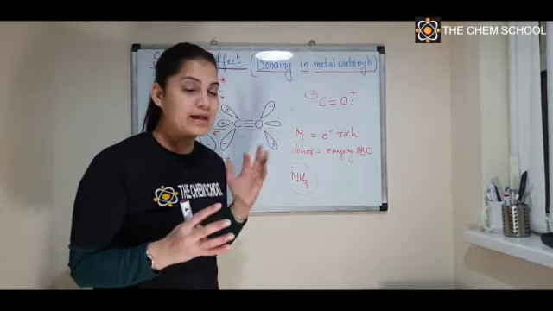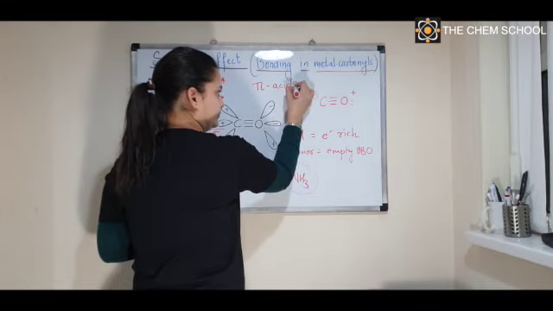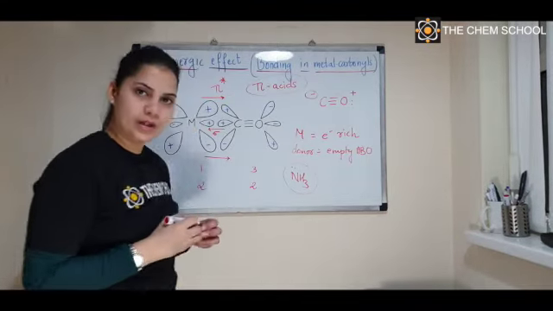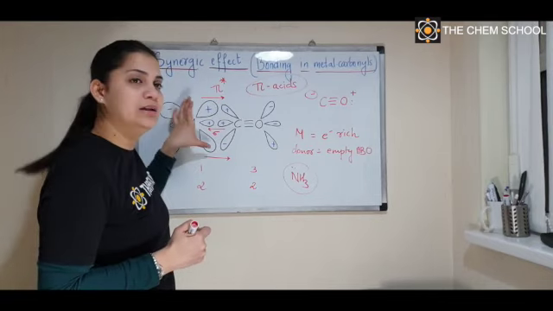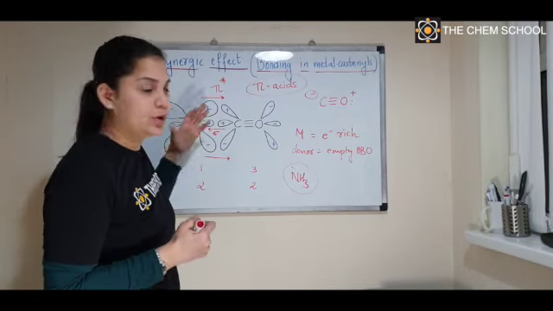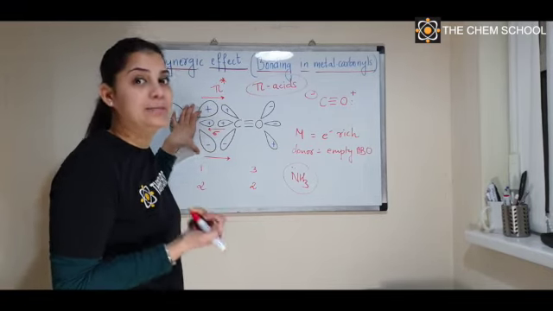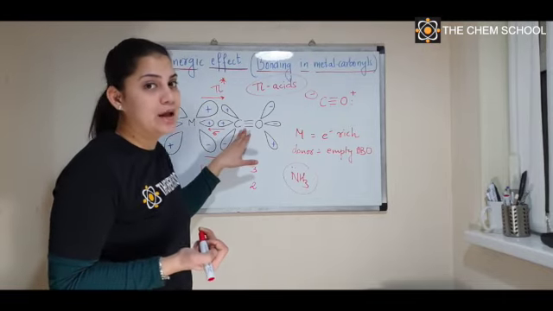The next thing that I want to talk about is pi acids. Now in this case, have a look at this carbon and the metal. The metal orbitals are d pi because the electrons are coming from the d orbital. And in this case, carbon is p pi.